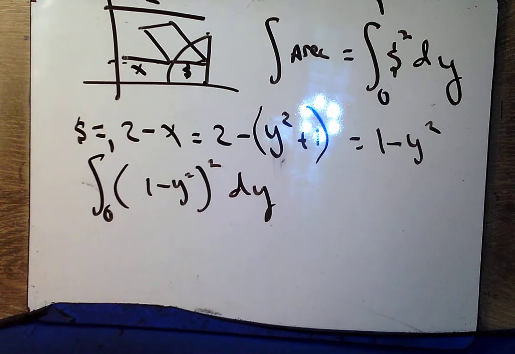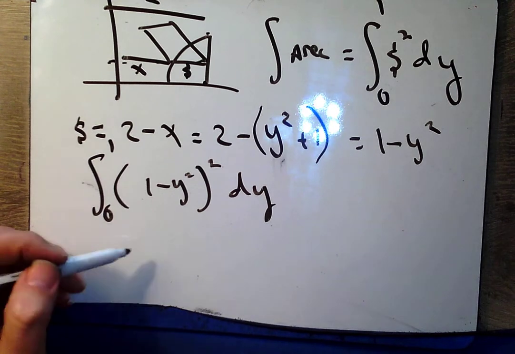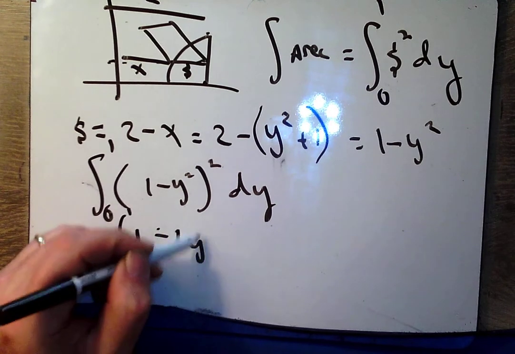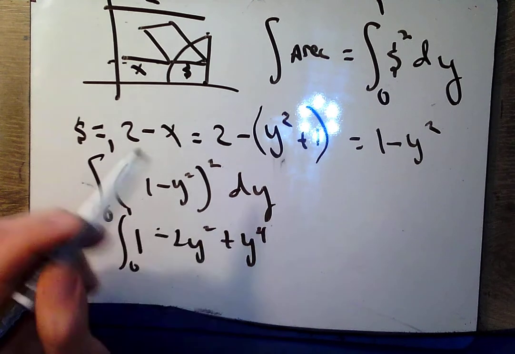I believe that's good. 2 minus x, distribute, combine, and we're just squaring that amount. That seems fabulous. Okay, so this is going to be the integral from 0 to 1 of 1 minus 2y squared plus y to the 4th.